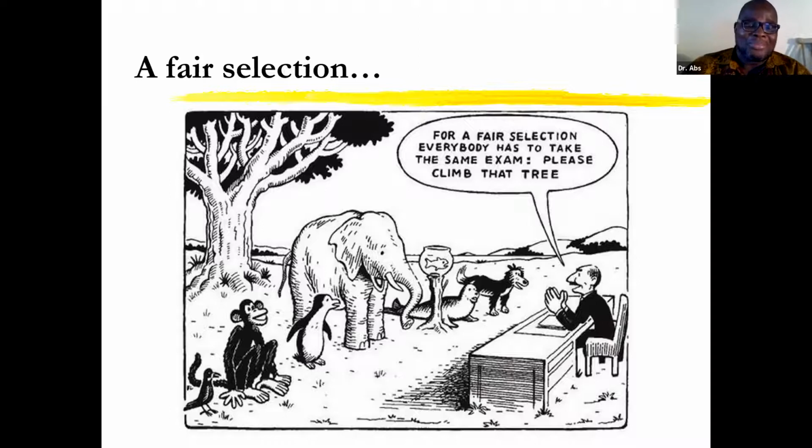So take an exam. What do you want to do? Well, climb the tree. So is this fair? Or is it equitable? And so I want to pause. I want to leave that question with the audience just to hold that thought.